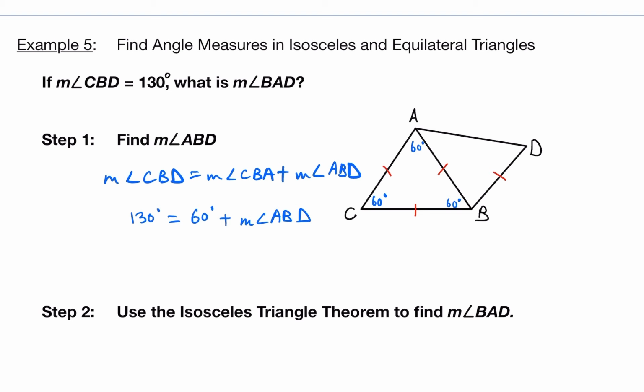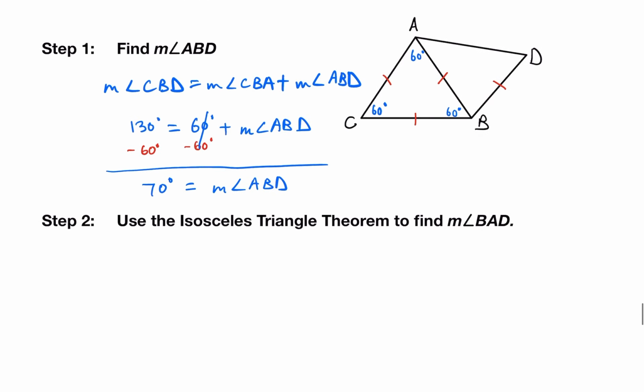We can subtract 60 from both sides, and these will cancel out, and we'll see that the measure of angle ABD is equal to 70 degrees.